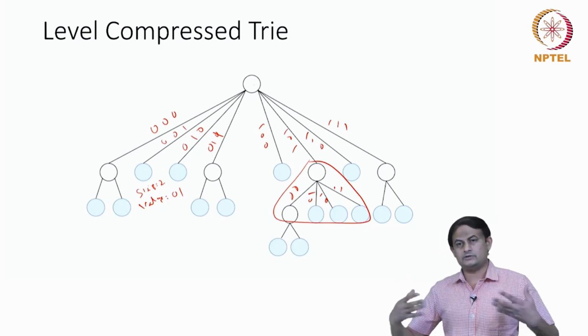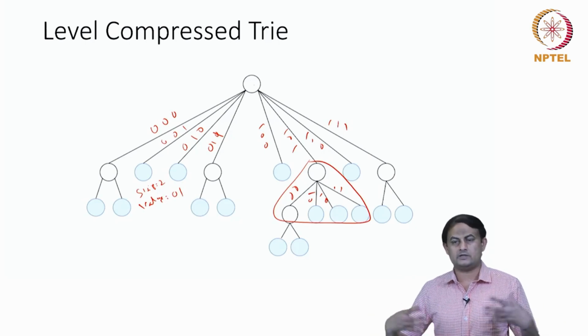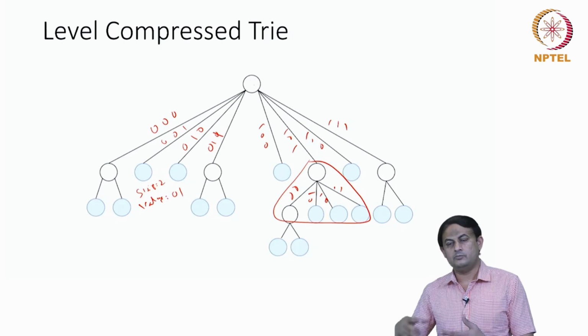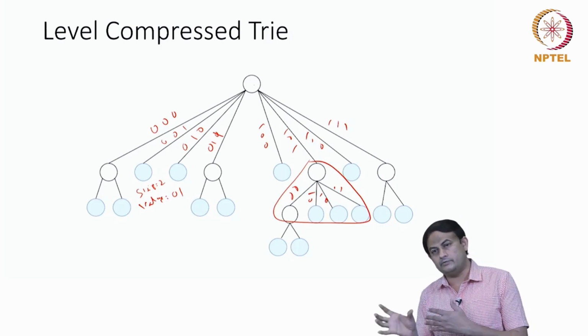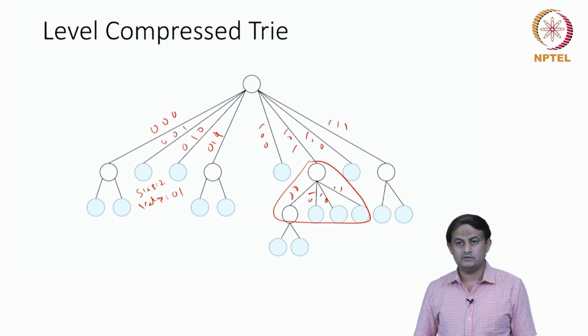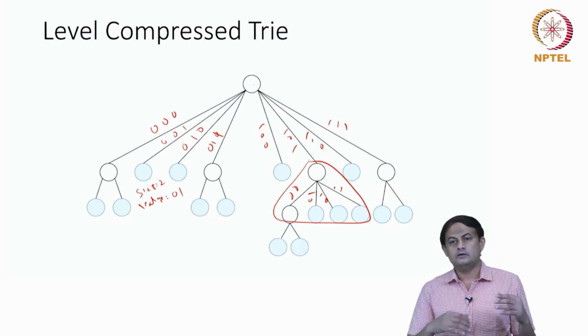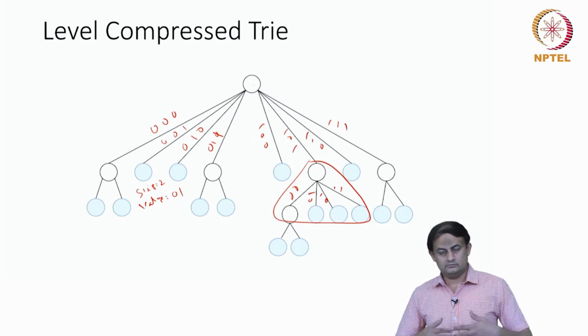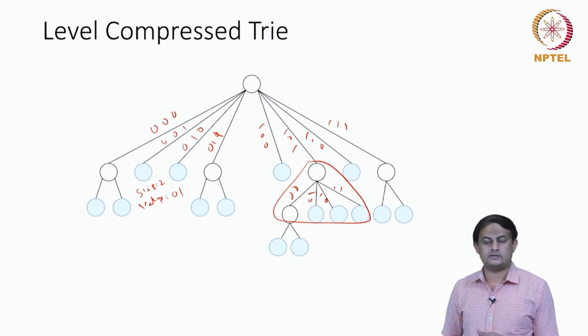You can think of a level compressed tree as a combination of what the multi-bit trie offers you, but with a variable number of bits at different levels, and in addition, whatever single chain paths are there, those we are also collapsing, remembering what we have skipped and the value that is skipped. So that's how the trie structure is compressed.